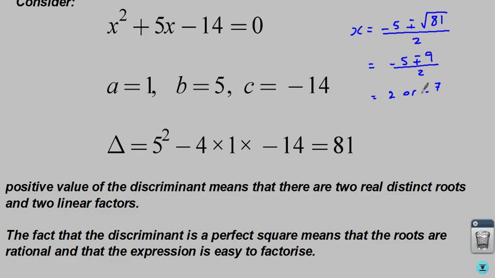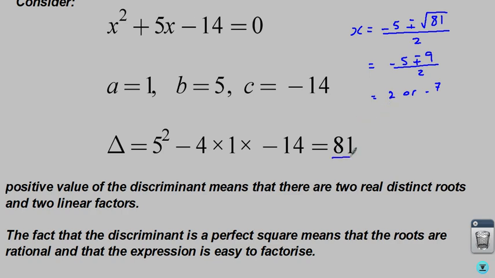Those two roots are rational because since this is a perfect square, we can only get an integer here, and if we're dividing the sum of integers by another integer, we can only get a rational number. And with rational numbers, we can think about the mathematics behind it, the arithmetic, and we can factorize this expression.